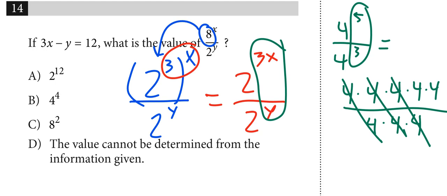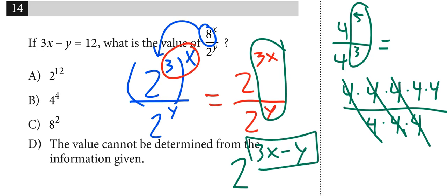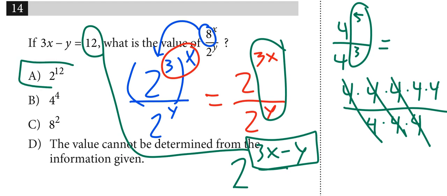You're going to subtract them. So that gets me 2 to the 3x minus y. Whoa, I don't know what 3x minus y is. Or do I? It's 12. That's why here's your answer, 2 to the 12th.